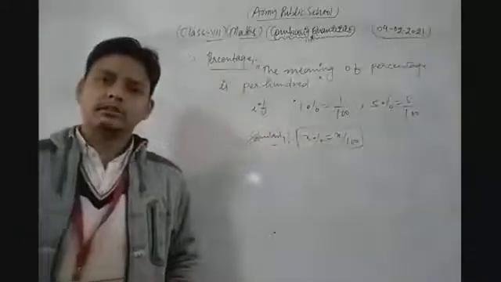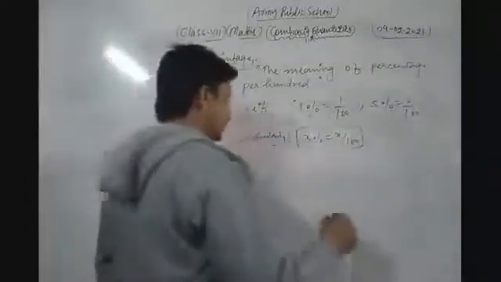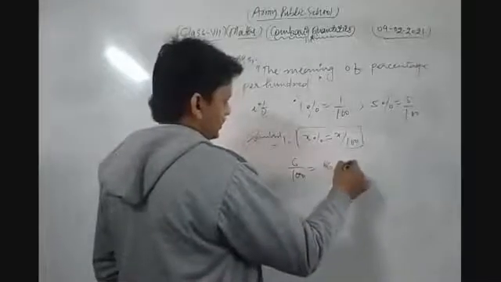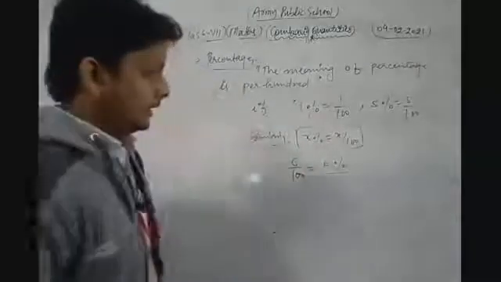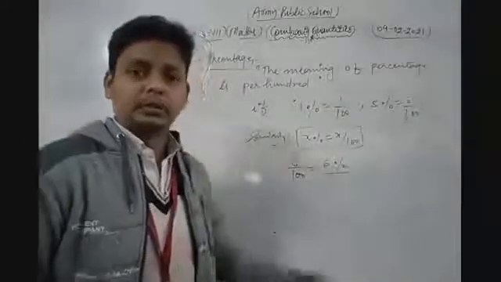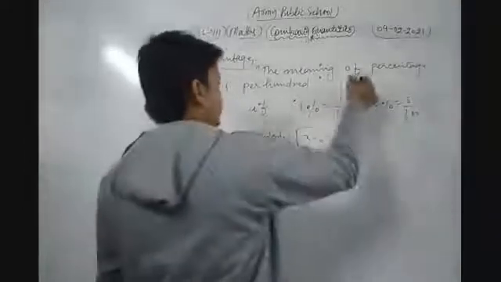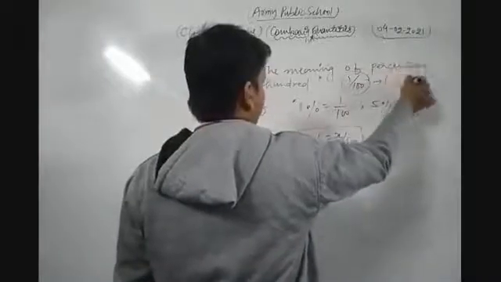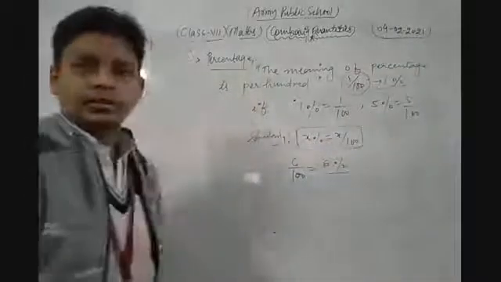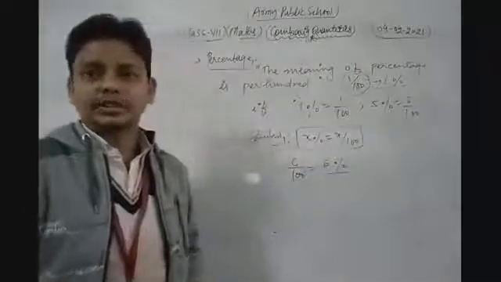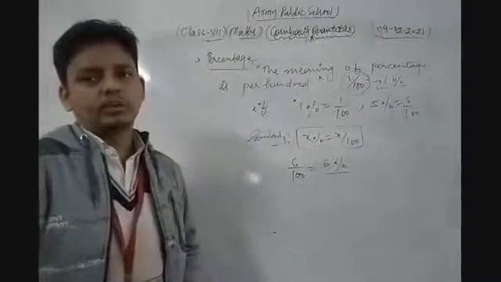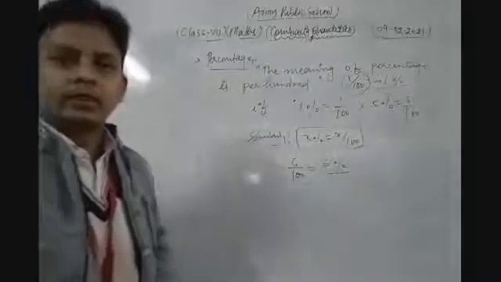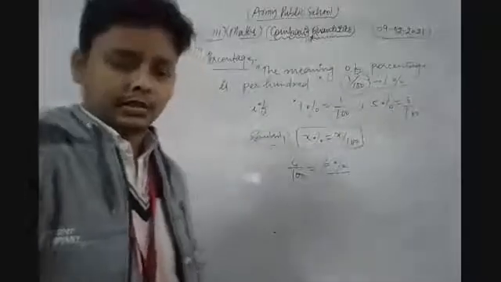So this is the meaning of percentage. If we have 6 upon 100, we write it as 6%. So percentage means per 100, and 1 upon 100 is denoted as 1%. Okay, dear friends, so this is the concept of percentage. Now we solve some important questions of your NCERT exercise based on percentage.